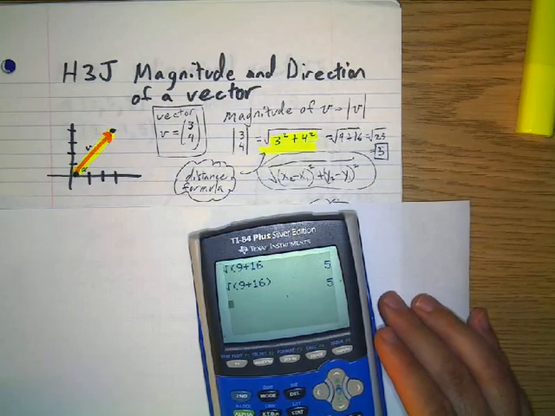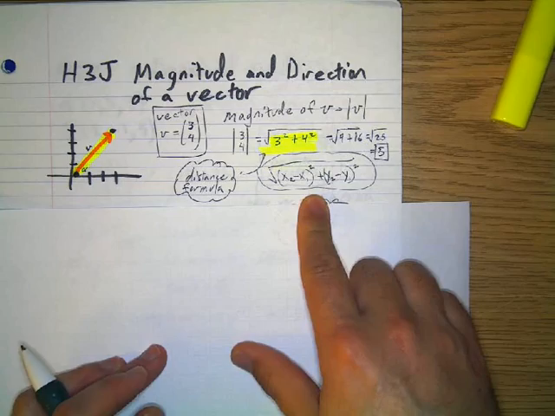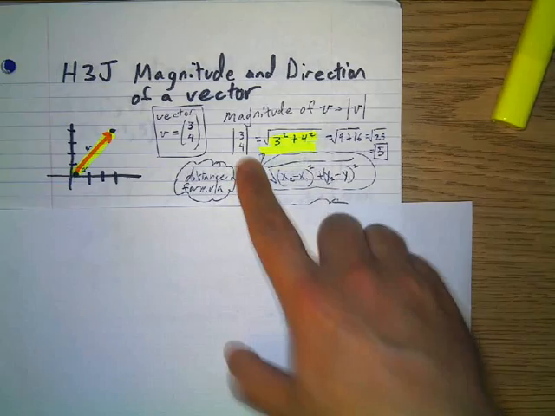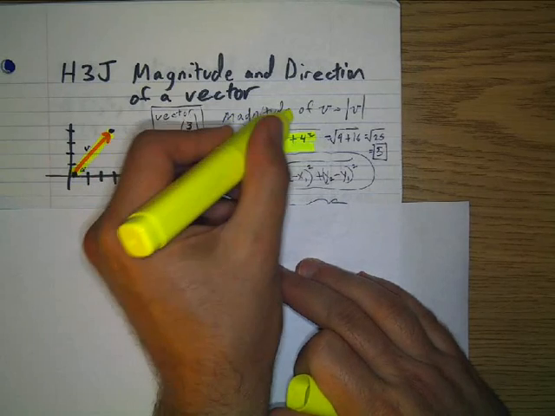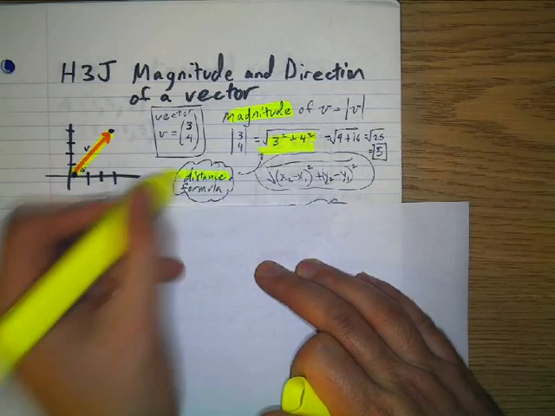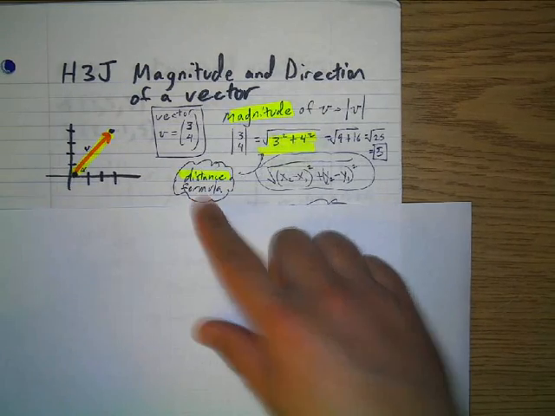Okay, so that's how you find the length of vectors using the distance formula. Another word for distance is magnitude. So they may ask you for the magnitude, and you're really asking for the distance.